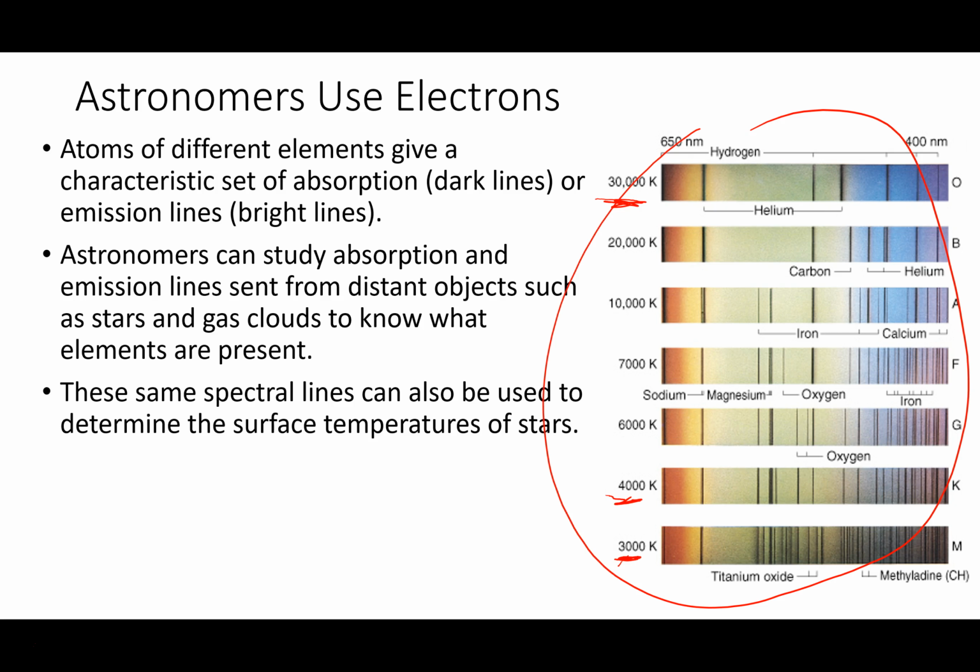If we get back these lines from the star, you can see those dark lines, and that's an indication of what element they are. So for instance, we have hydrogen and helium, carbon, iron, oxygen, magnesium, sodium, titanium oxide, carbon, hydrogen molecule. So these spectral lines come from electrons.